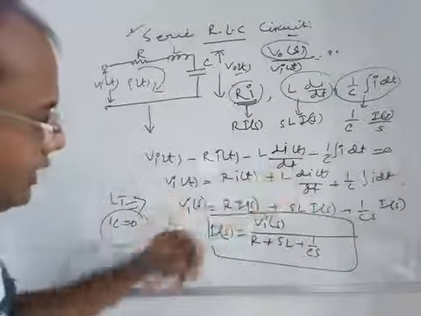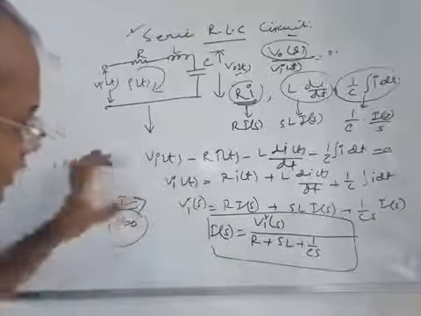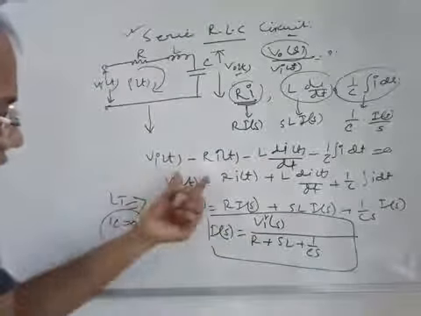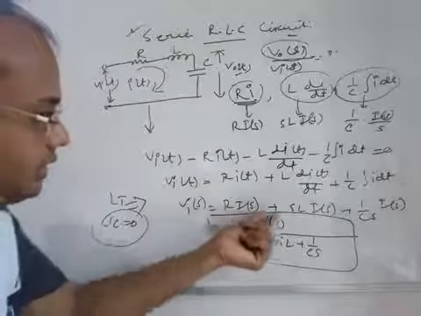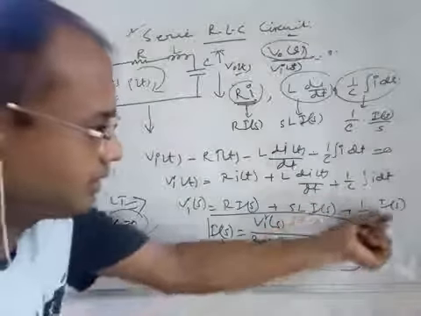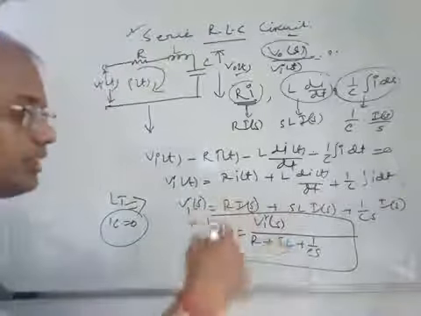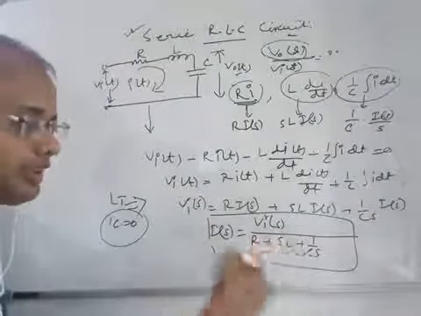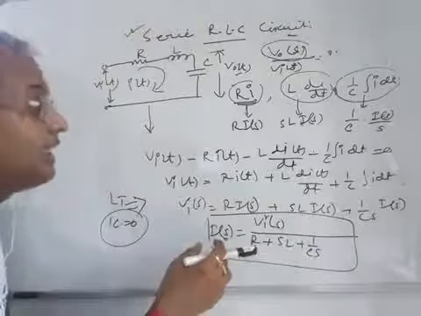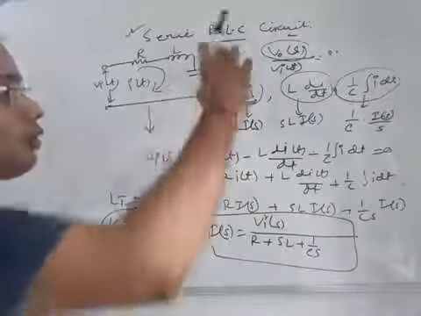Now, taking the Laplace transform on both sides, considering the initial conditions equal to 0, you get Vi(s) is equal to R I(s) plus sL I(s) plus 1 by Cs I(s). From this you get I(s) is equal to Vi(s) by R plus sL plus 1 by Cs. That's simple as that.